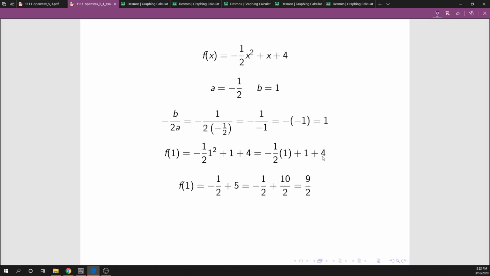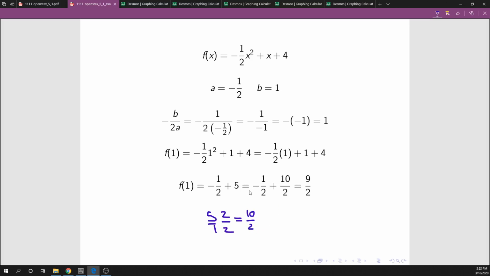Then I added the 4 and the 1 to get a 5. Now I need to get a common denominator, which is 2. So 5 over 1, and I would multiply top and bottom by 2 over 2 to get 10 halves.